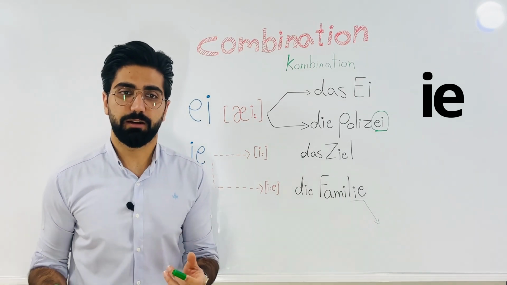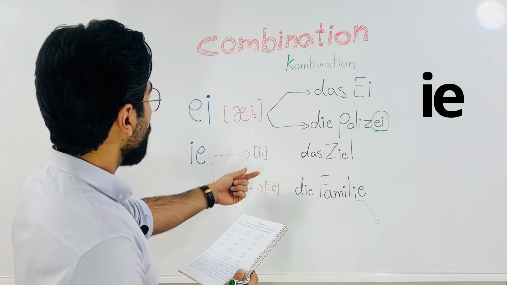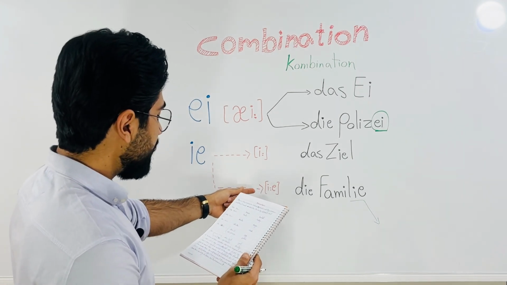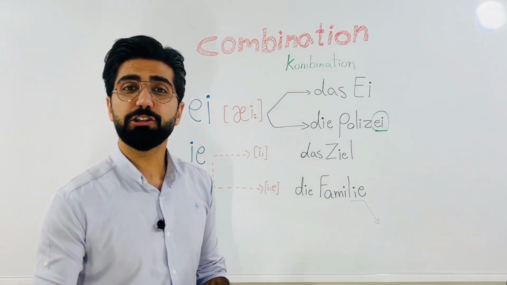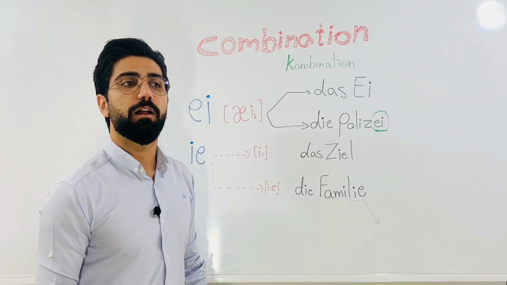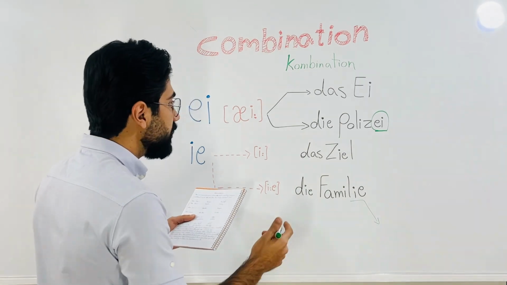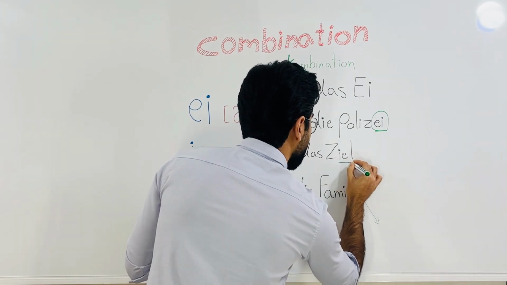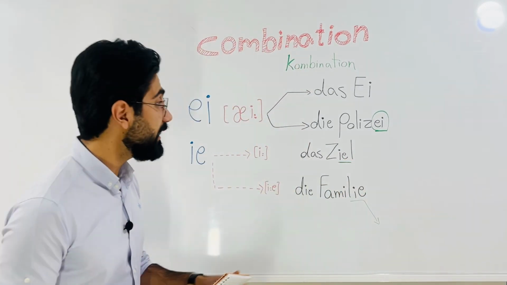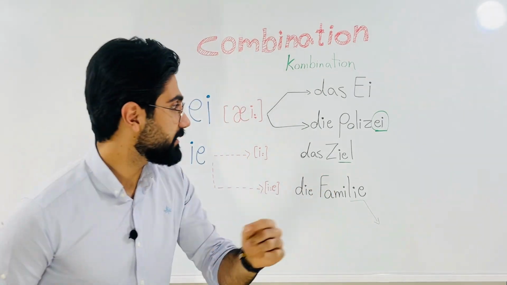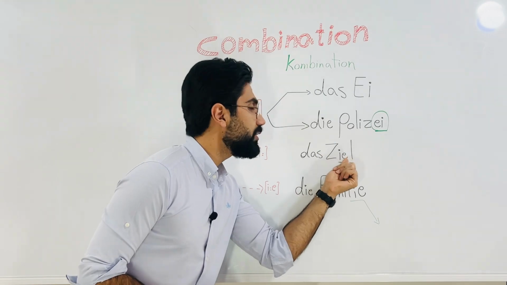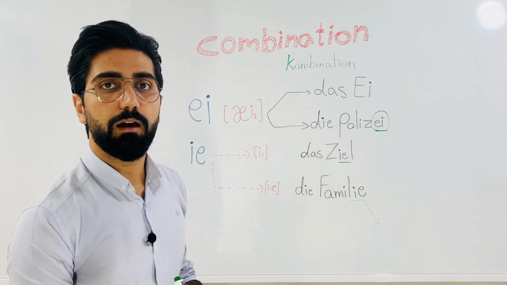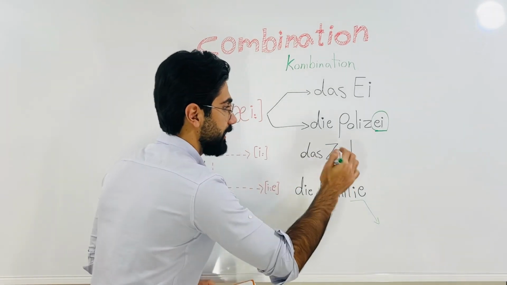But we have a question here. How can we recognize where we should say E and where we should say ie? If you check a valid dictionary like Duden, you will see a small line under these two alphabets, I und E. You should pronounce it like a long E. Das Ziel haben wir hier.